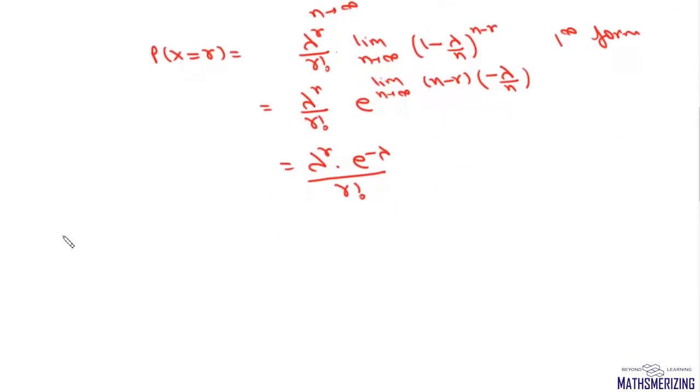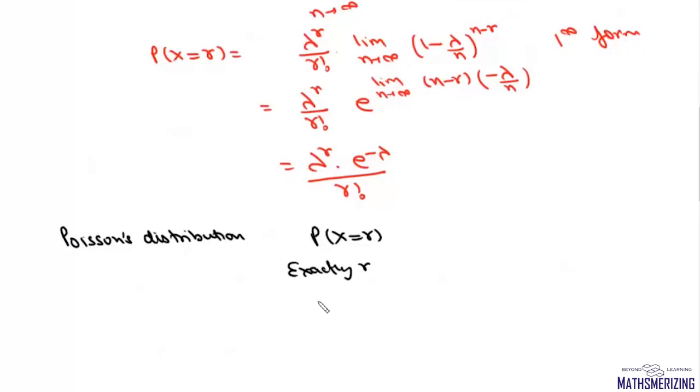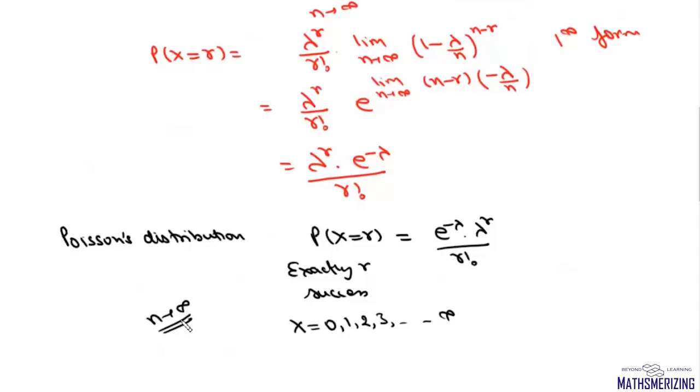So basically in Poisson distribution, probability of exactly r successes is given by e to the power minus lambda into lambda to the power r upon factorial r, where this random variable x can take the value 0, 1, 2, 3 up to infinite, because here we have taken n as infinite.